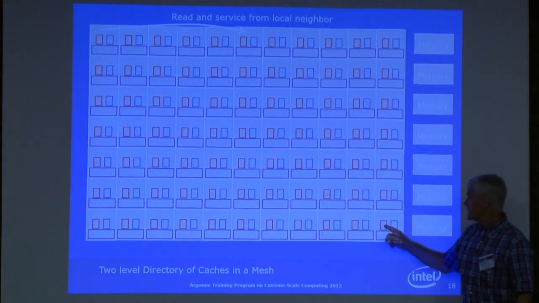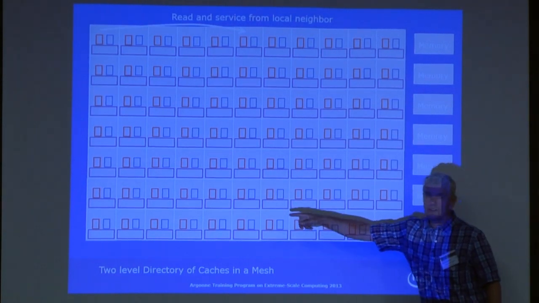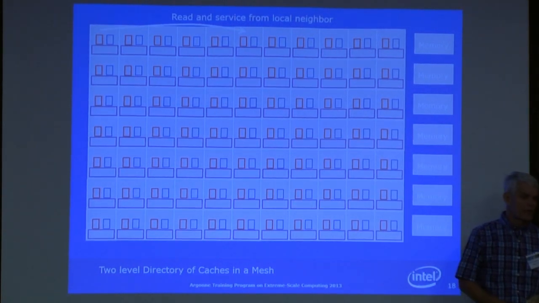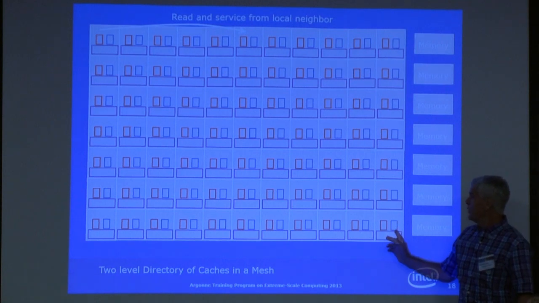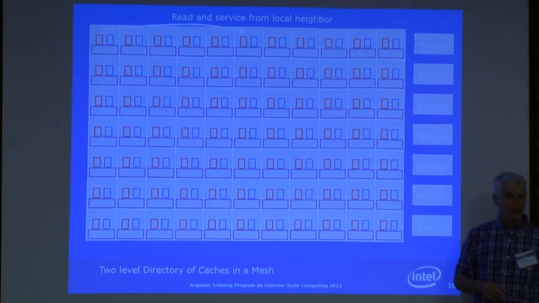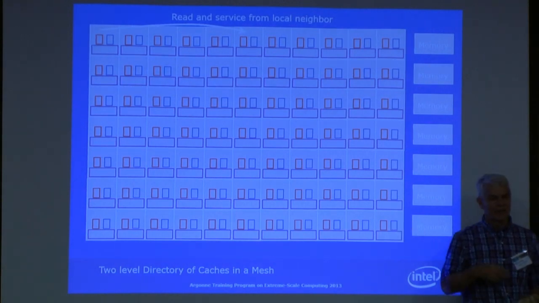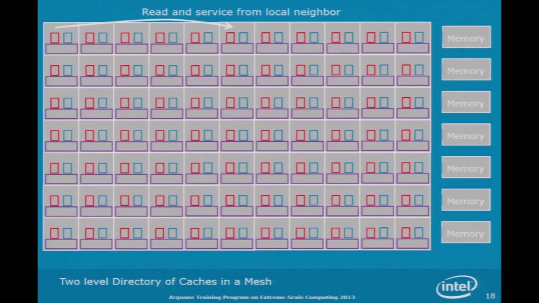Now this red tag directory keeps track of who in this row has a copy of a piece of the data. The blue keeps track of which row in this chip has a copy of this data. So instead of getting n squared growth in tag directories, you get n log n growth, and anytime you go from n to log n, you're very happy.